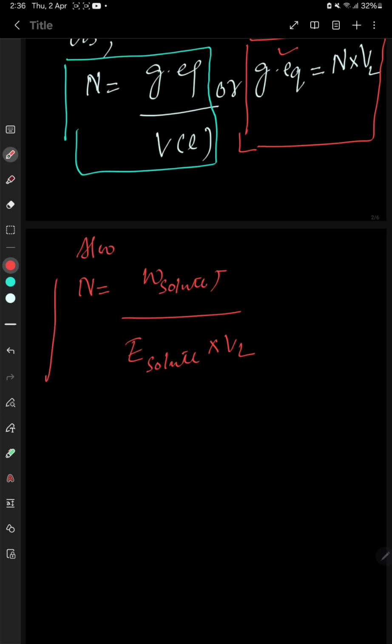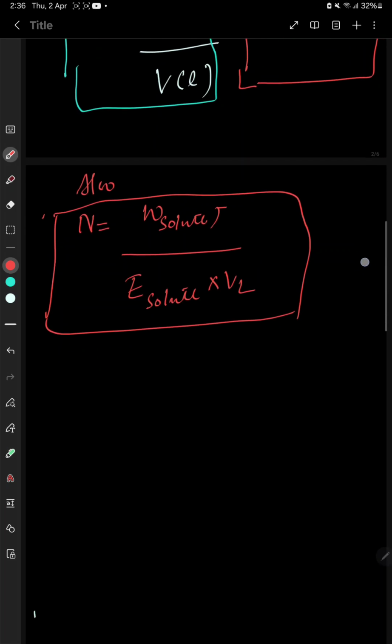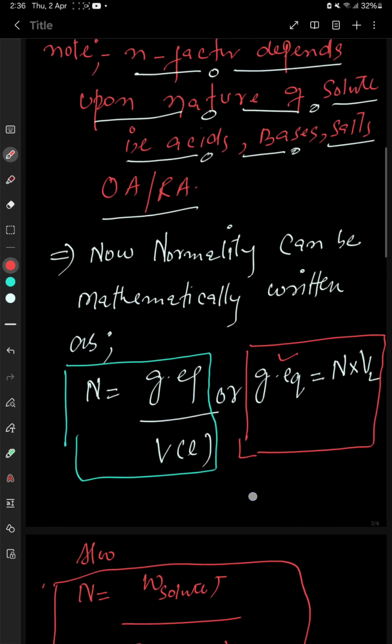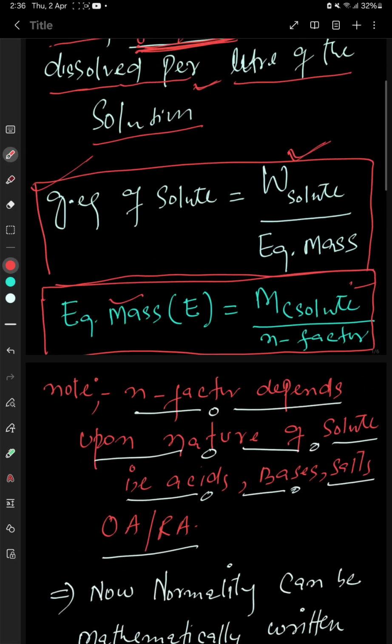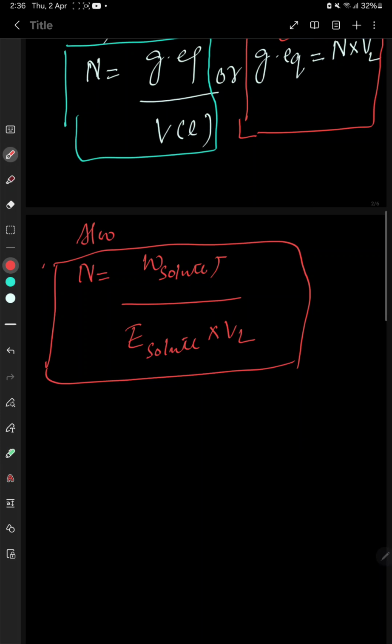So we are basically putting the gram equivalent equation into this normality equation.